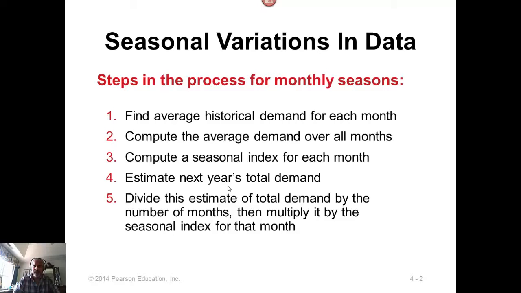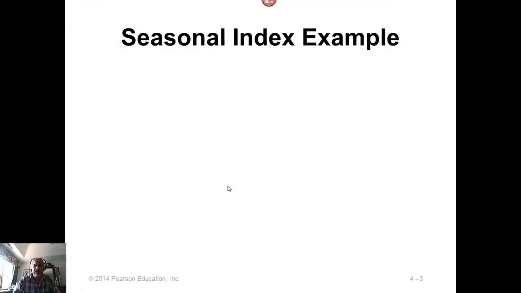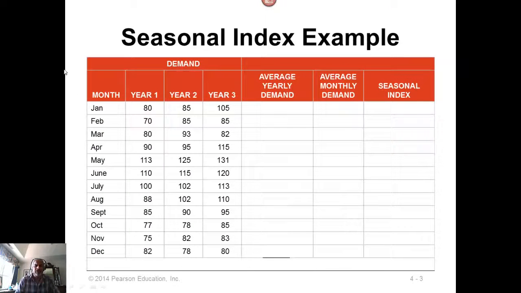So let's go through that now with a simple example. So we have monthly data. Each month we have 3 years worth of data, year 1, year 2, year 3. So find the average for each month. So January's average demand is 90, February's average demand is 80, and so on.